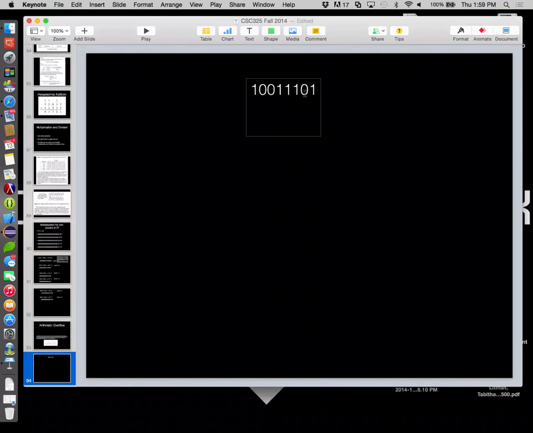Definitely encoded. So we need to flip all the bits. 0, 1, 1, 0, 0, 0, 1, 0. Add 1 to it. We have that. This is the 1's place, the 2's place, 4s, 8s, 16s, 32, 64, 96, 97, 98, 99. This is negative 99.